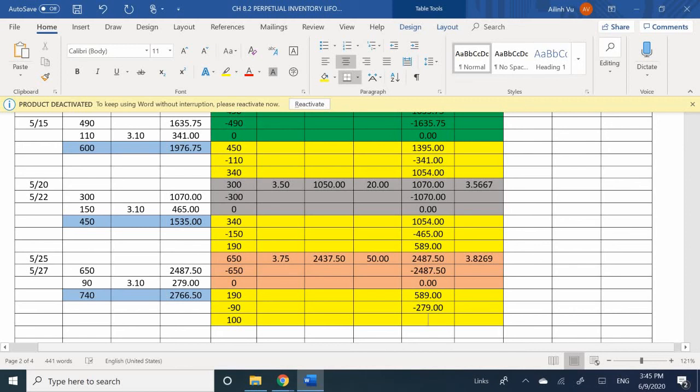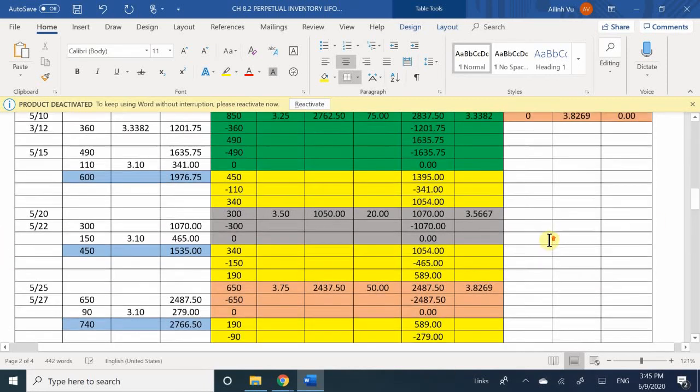Not 311. 310. It should be 310 because of how much it costs per unit. It's 310 and we have 100 left. So just to verify, 310 should be our correct answer.